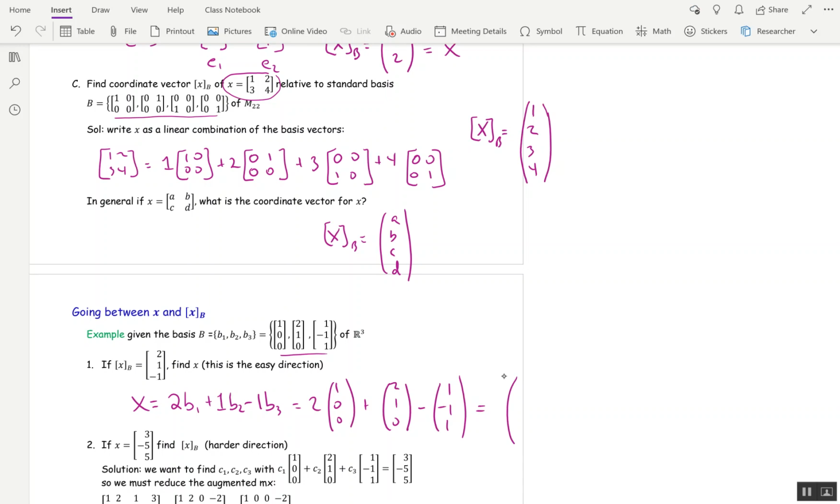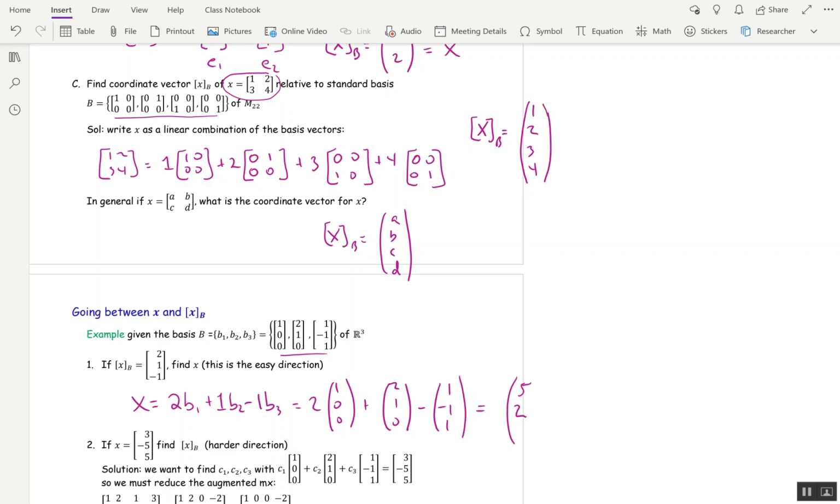I'm adding across the top. I get 2 plus 2 is 4 plus 1 is 5. And then I get 0, 1 plus 1 is 2.